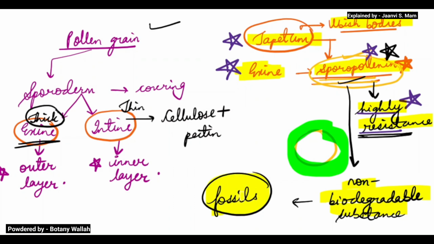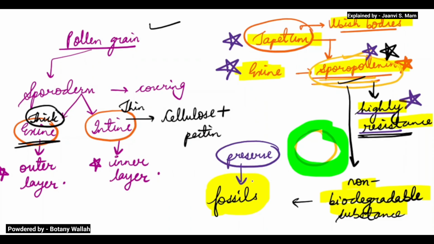You can preserve pollen, and hence fossil formation can occur. So you should know this much. All right, I hope you understood sporoderm.